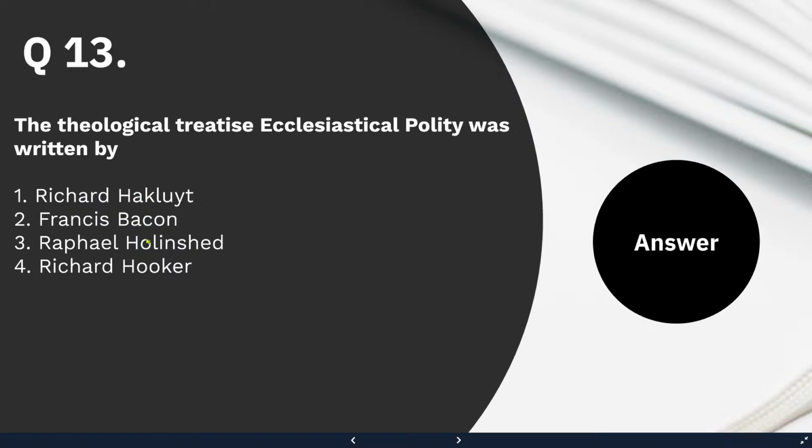There are four options and one of them is correct. Which one do you think is correct? Remember, this question is related to polity, and all of them are related to that, because Francis Bacon was a philosopher, and Raphael Holinshed is known for his chronicles. Richard Hooker.